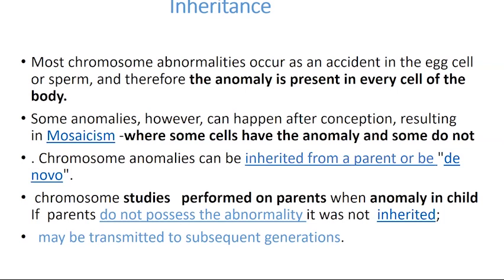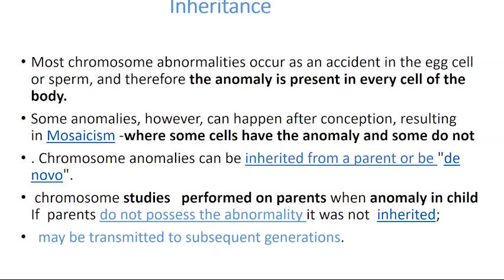Some anomalies, however, can happen after conception, resulting in mosaicism, where some cells have the anomaly and some do not. When the egg cell and the sperm initially had the problem, they are going to transfer that abnormality to each other's cells. All the cells are going to have that.